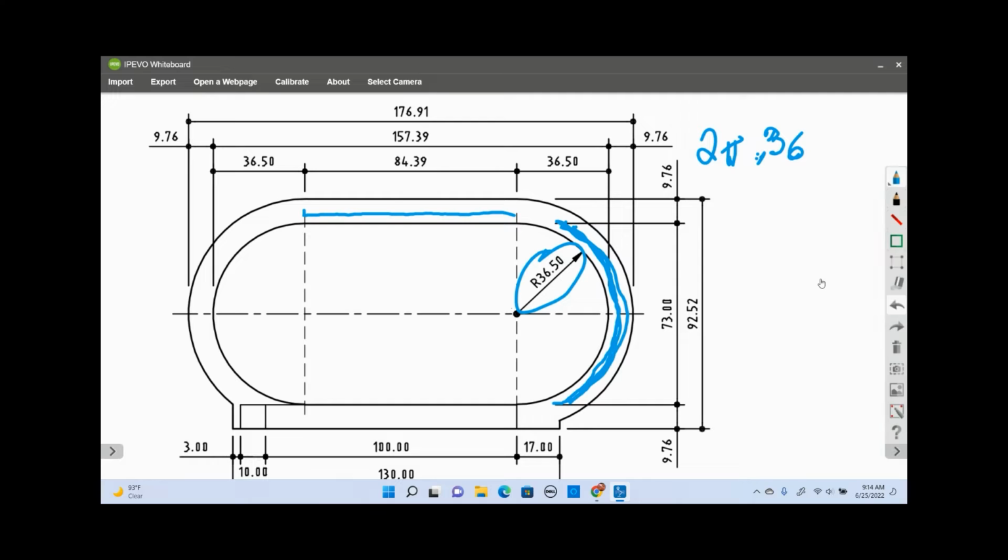Okay, great question. Well, we have to understand the dimensions of the track to be able to do these calculations. So there's one calculation that I need to tell you about that we haven't talked about, and you can see it on here. If you notice here, they have this distance labeled as 9.76. And this distance is actually coming from lane 1 to lane 8.